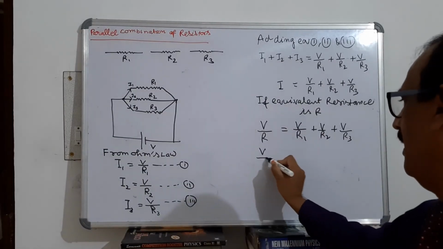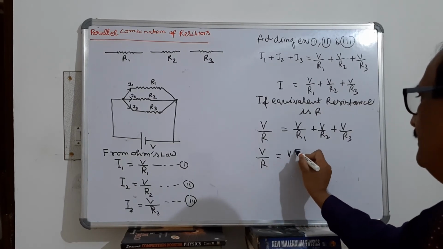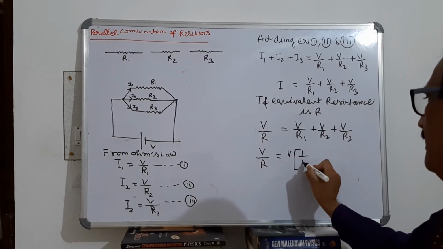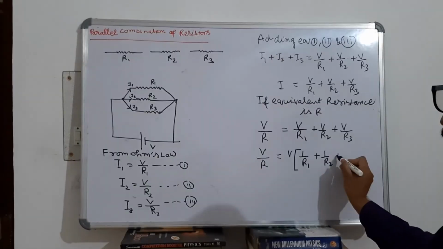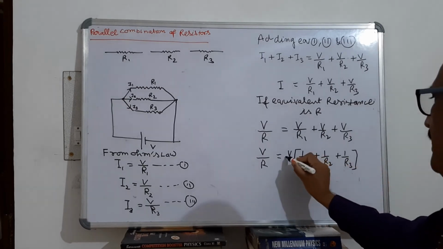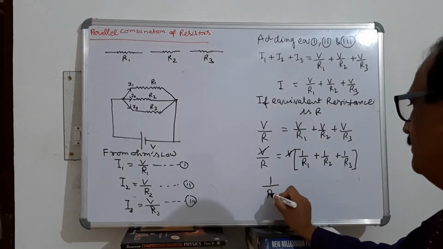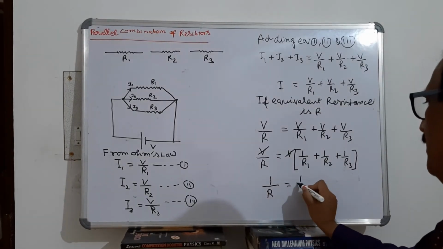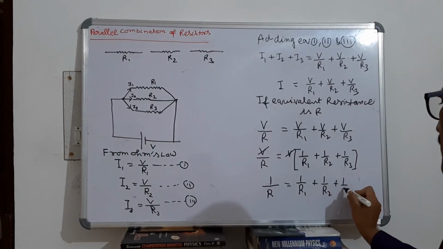You can also write it as V upon R is equal to V common, times 1 upon R1 plus 1 upon R2 plus 1 upon R3. Now V and V cancel out and we get 1 upon R is equal to 1 upon R1 plus 1 upon R2 plus 1 upon R3.